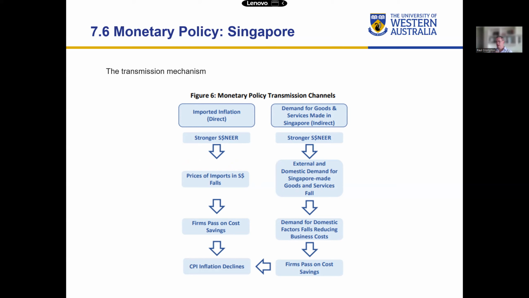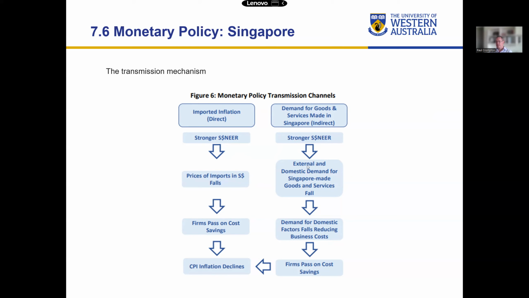So imports would go up. But why would imports go up? Because a stronger Singaporean dollar would make import prices cheaper, just like we had over here. So the price of all of these foreign goods and services are now cheaper for Singaporeans to buy with a stronger exchange rate. So imports increase.